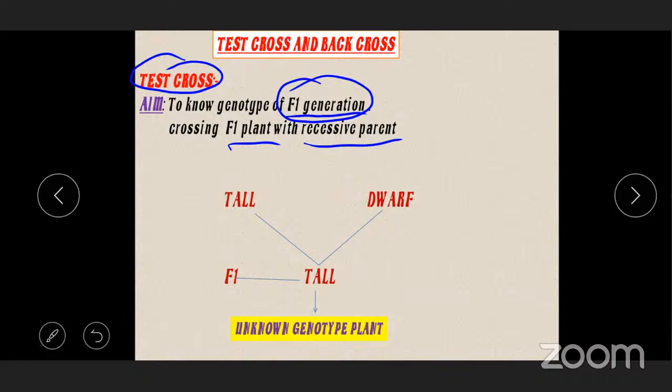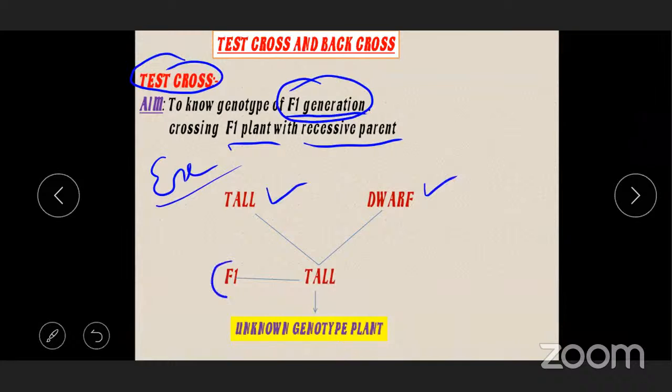That is our cross. That is known as test cross. So let us take one example. The pure tall plant is crossing with the pure dwarf plant.